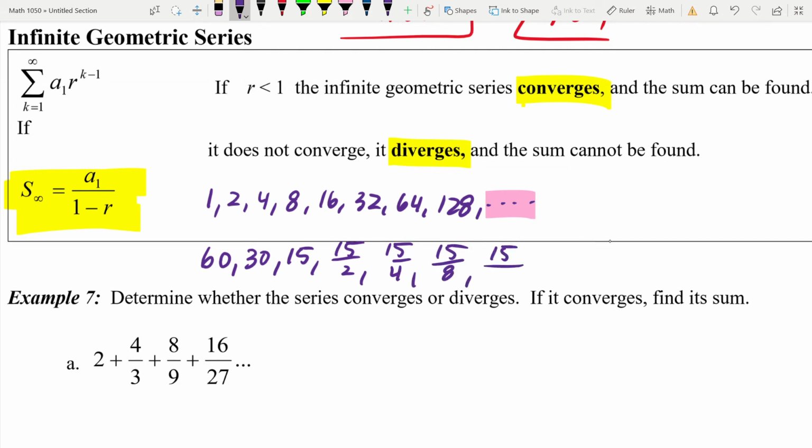And then 15 over 16. Blah, blah, blah. Okay? Could you add that sequence? Look at that second sequence. Could you add those together? What if I keep going? What if I go 1,000 terms? Say it again.